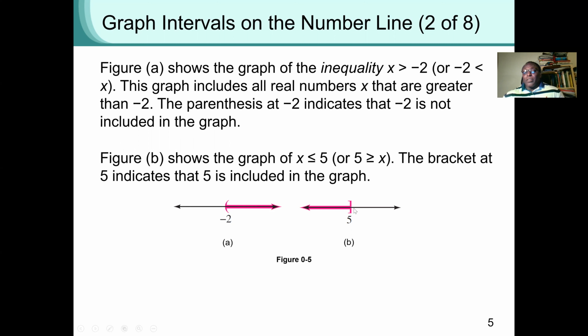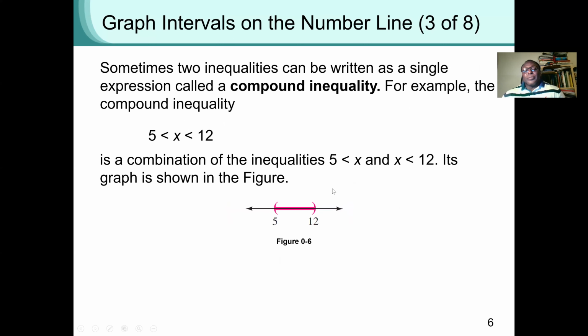When we have equality, then we have a straight line. Since this is less than, we go to the left, less than direction. Greater than is to the right, but this greater than excludes -2, because they say x is greater than -2, which means -2 is not included.